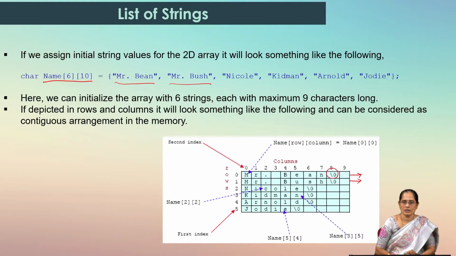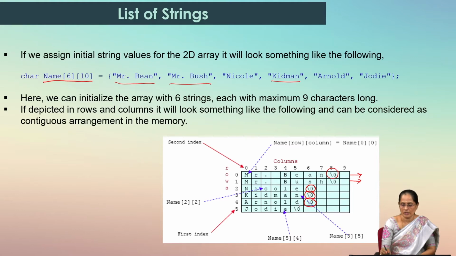The third string is Nicole, stored without any space, again ending with the null character. In the fourth row Kidman is stored again with no space in between, ending with a null character. Next one will be the Arnold string, which is again ended with a null character.